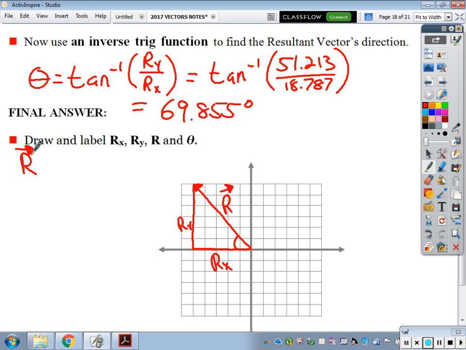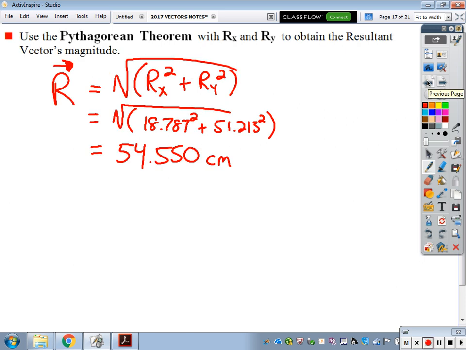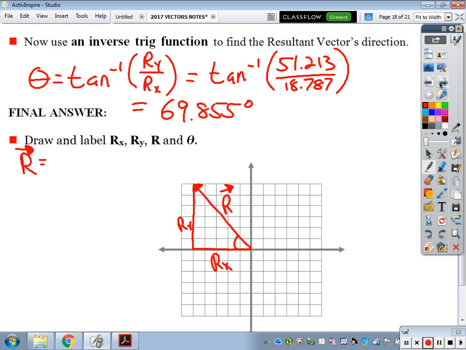Your resultant vector is equal to the magnitude that we solved for with Pythagorean's theorem, which if we rewind to the slide, is our 54.550 centimeters. Now, to continue using our terms from 2 classes ago, that is just the magnitude. We do not have a direction associated with that at the moment in our answer.